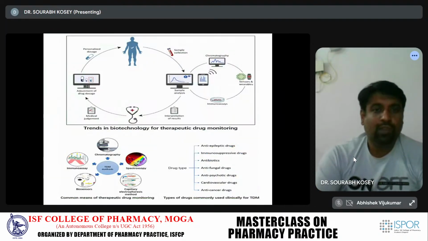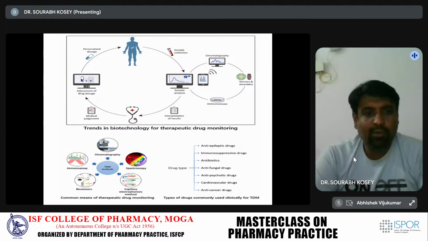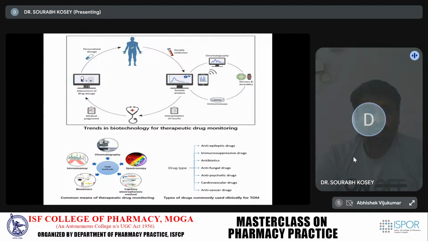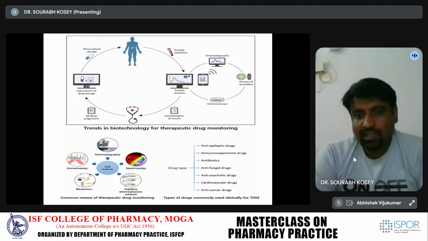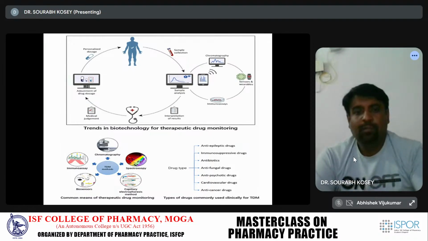Along with the loading dose, in our current era, therapeutic drug monitoring uses various methods: chromatography, immunoassay, biosensors, capillary electrophoresis, and spectroscopy. The drug categories include anti-epileptic drugs, immunosuppressive drugs, antibiotics, antifungal drugs, antipsychotic drugs, cardiovascular drugs, and anti-cancer drugs. These are the types of drugs commonly used clinically for TDM.